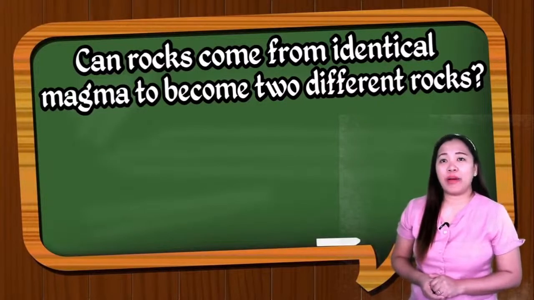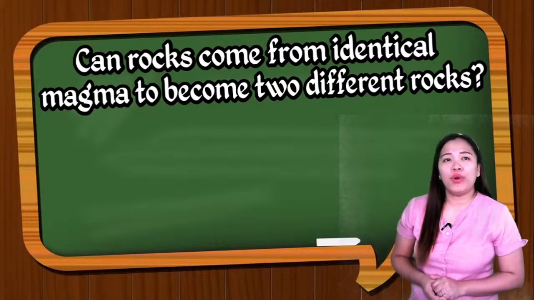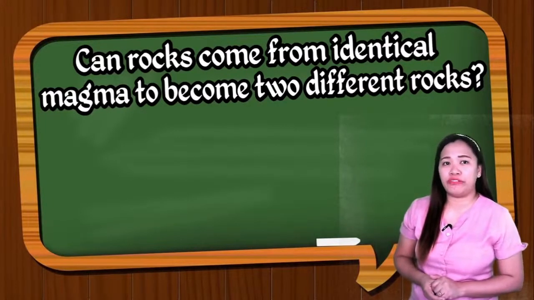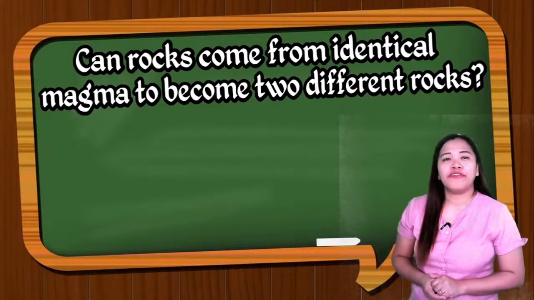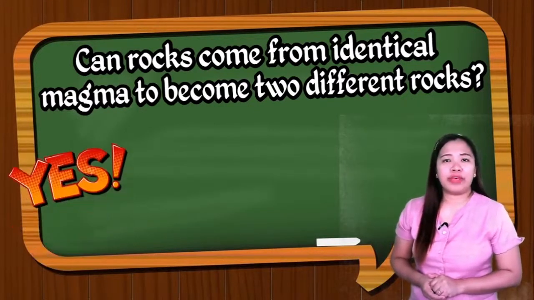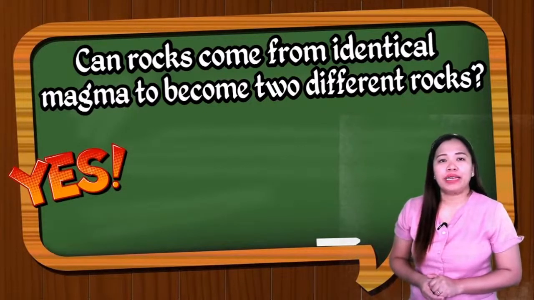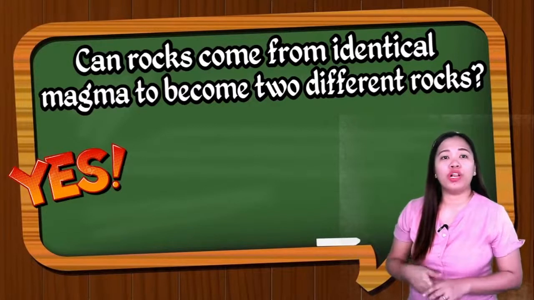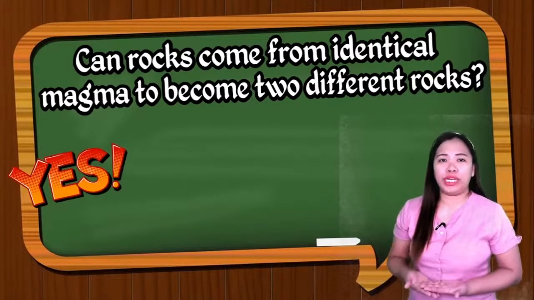Now I have a question. Can rocks coming from identical magma with the same mineral composition and proportion become two different rocks? Very good. The answer is yes. Rocks coming from identical magma can become two different rocks depending on whether they cool quickly or slowly.